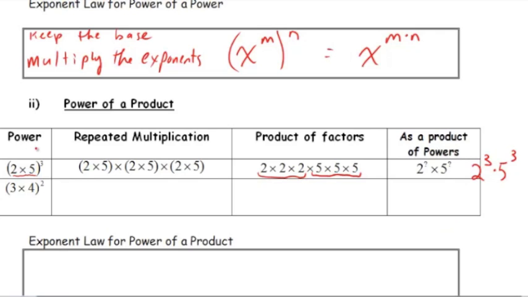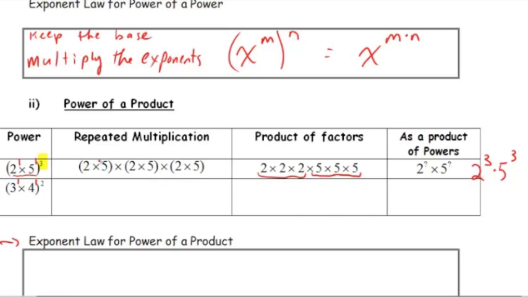So again, we are going to look at the relationship between these exponents, and in this case, there are some hidden exponents here. 2 is actually 2 to the power of 1, and 5 is 5 to the power of 1. So we have to remember that any number by itself, we can think of it as being an imaginary power of 1, and that's going to be important when we actually get down to the definition for this thing.